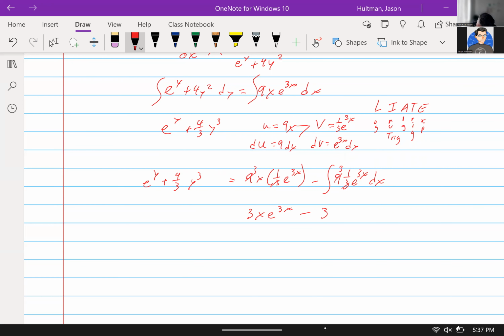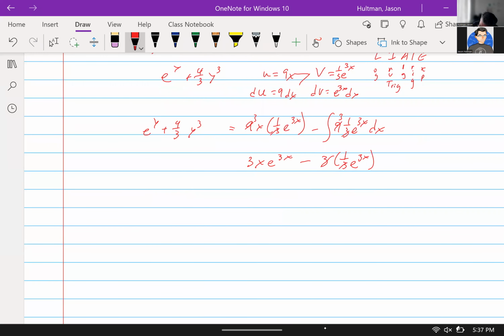So this is minus 3 times 1/3 e to the 3x. Again, that's going to cancel. And so we're left with 3x e to the 3x minus e to the 3x. Okay, plus c, some plus c. I probably should have put that in the previous line. But then we get our plus c.